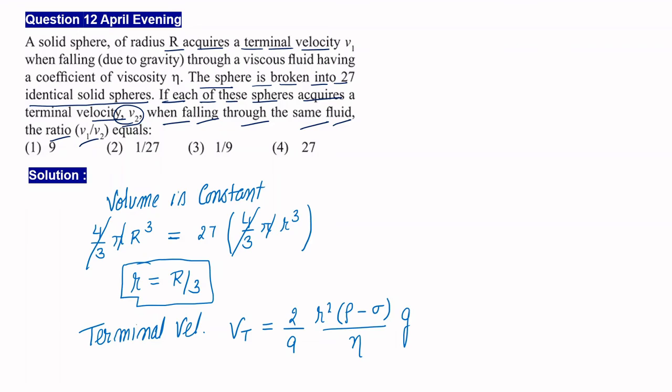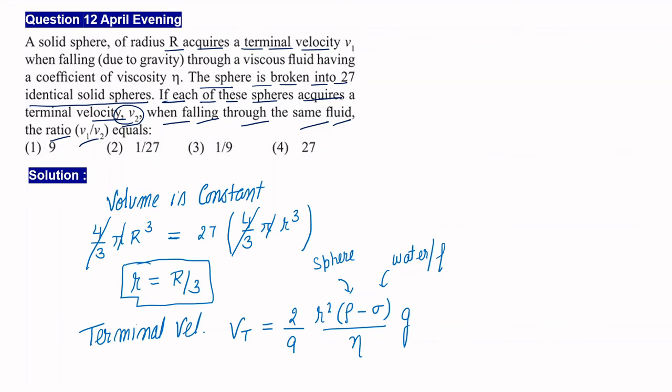See here, rho is nothing but the density of the sphere, and sigma is the density of water or the liquid, the fluid.